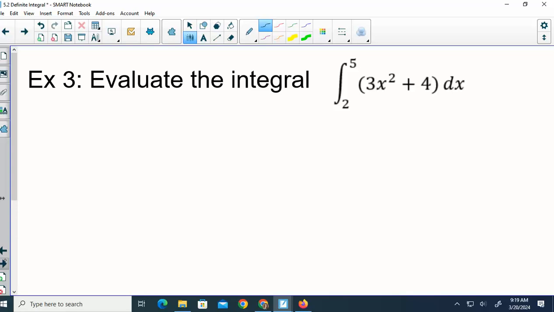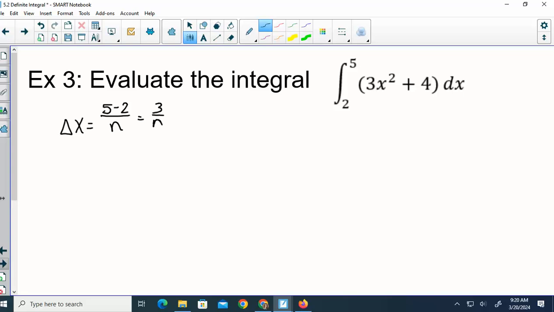So if I ask you to evaluate this integral from 2 to 5 of 3x squared plus 4 dx. What is my change in x? So it's the upper minus the lower, ending minus beginning, divided by n.